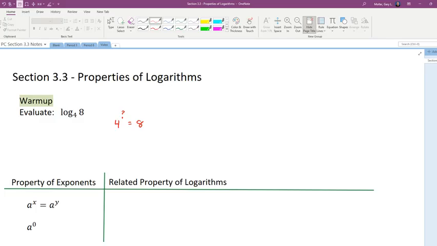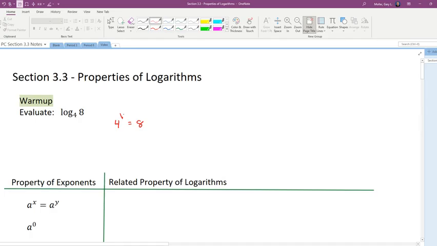We'll do it both a very algebraic way, and then we'll also do it more of a logical way. So in an algebraic way, we can notice that both 4 and 8 come from a base of 2 themselves. So in other words, let's make this a little more algebraic.